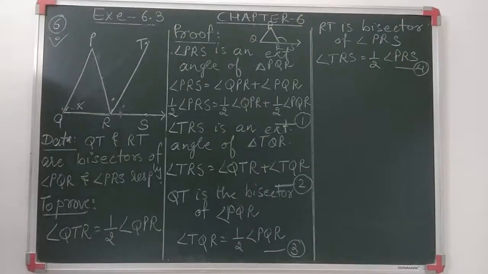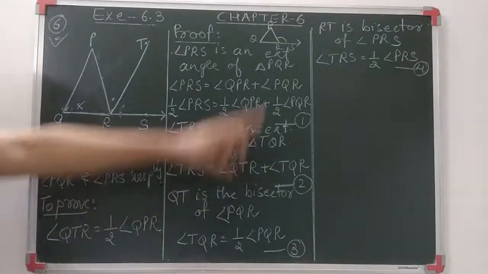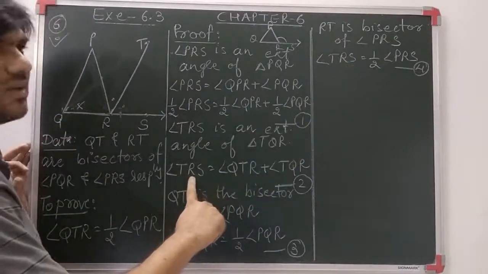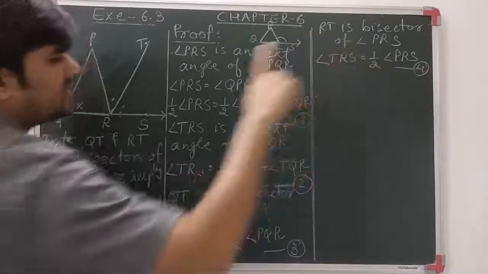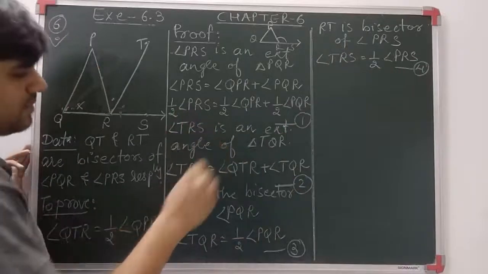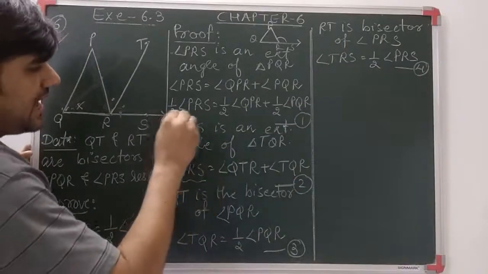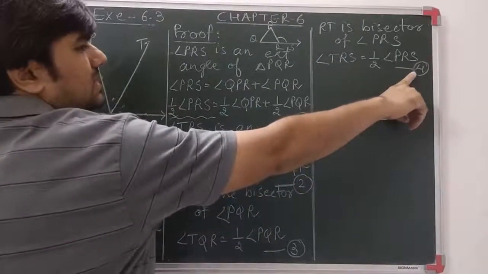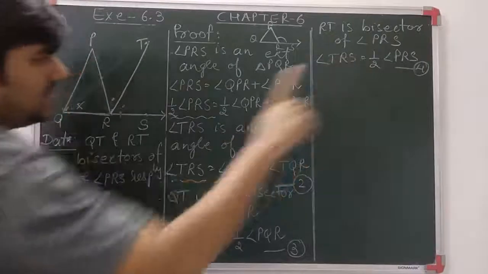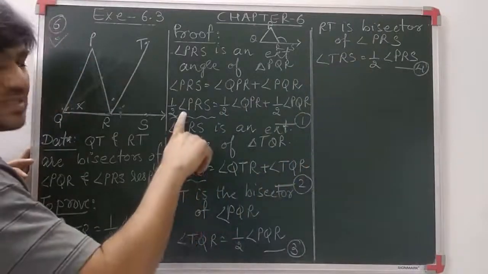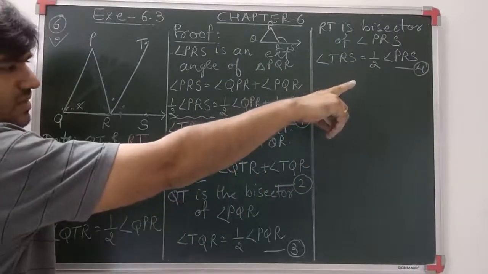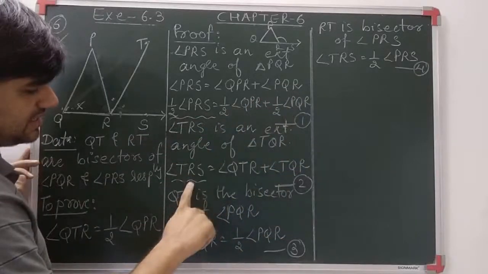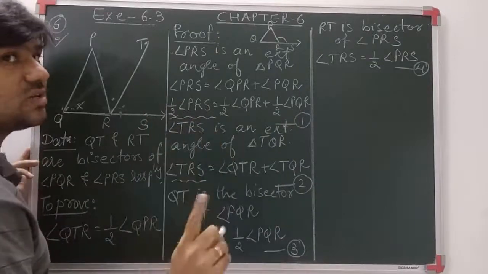Now, let's see equations 1, 2 and 4. Look at equation 4: TRS, which is equal to the second one, and half of PRS, which is equal to the first one. Understand once again: TRS and half PRS are equal from equation 4. According to equation 4, this value and this value are the same, as we proved here. We have shown that TRS and half PRS are equal.